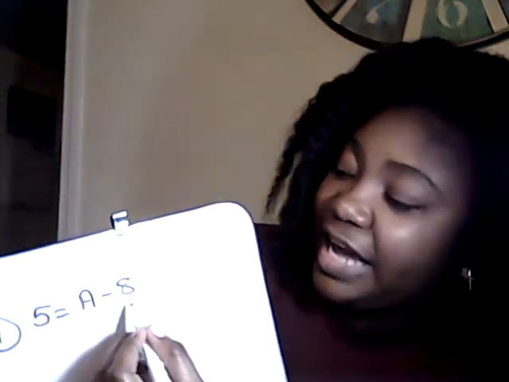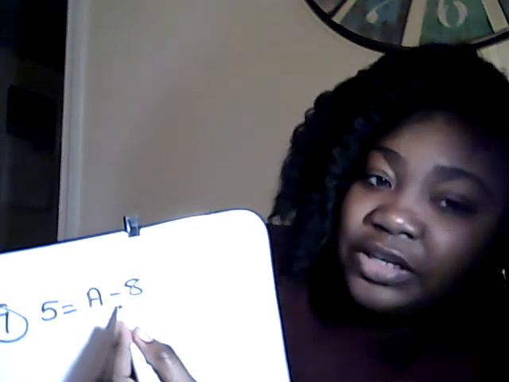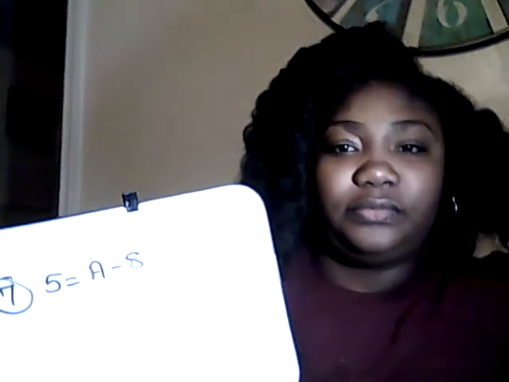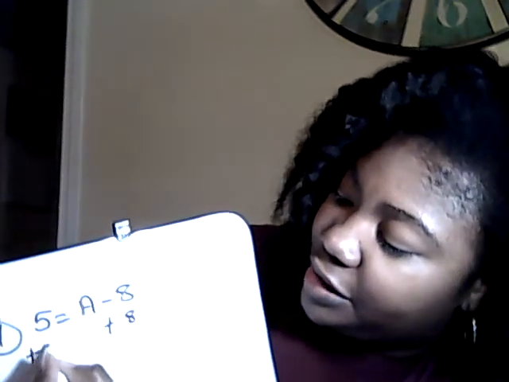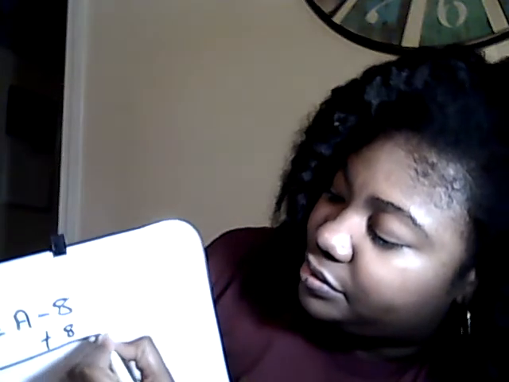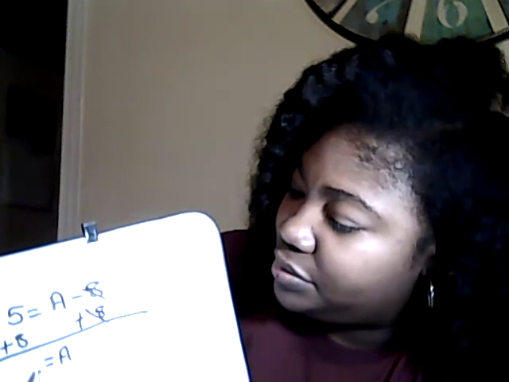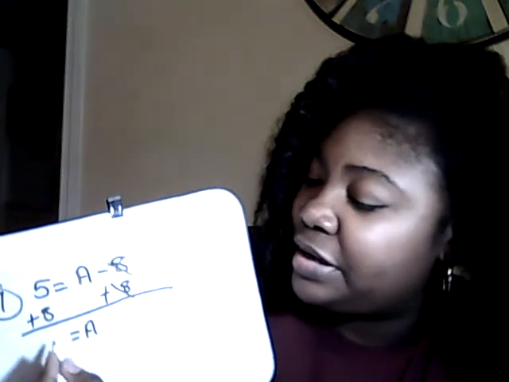We're going to take the 8 to the other side, and we're going to add the 8 because it's already negative. So in order for me to take it to the other side, I have to make it positive. Positive 8. That's going to cancel out. Bring my A down. 8 plus 5 is 13.